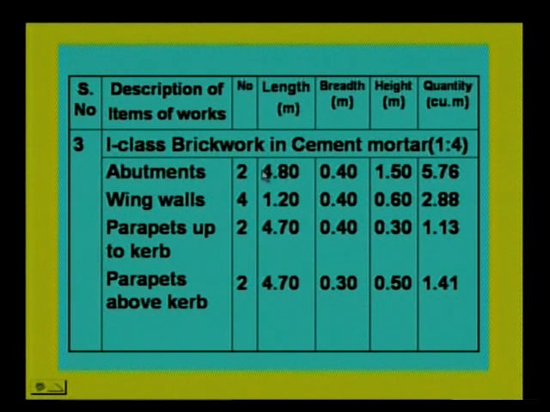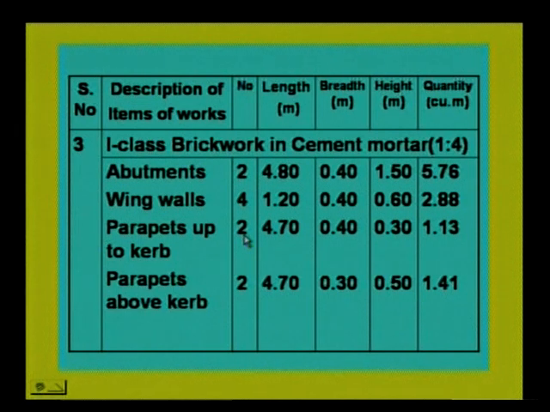The next, wing walls. 4 wing walls are there. So it is 1.2, then 0.4 is the width, and the height of the wing wall is 0.6. This comes around 2.88.